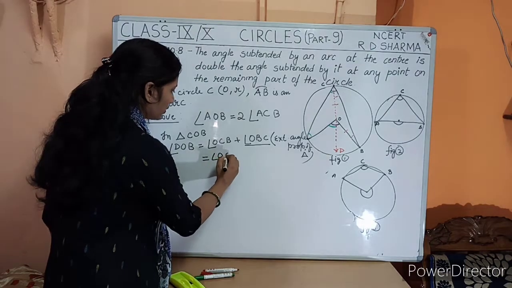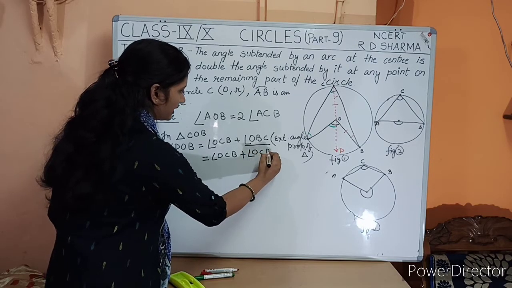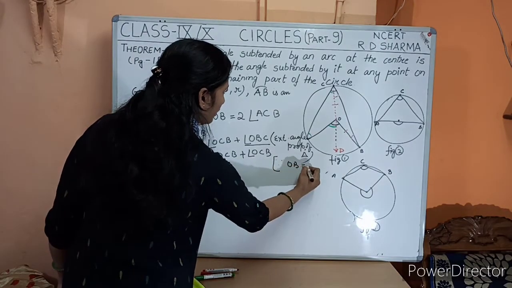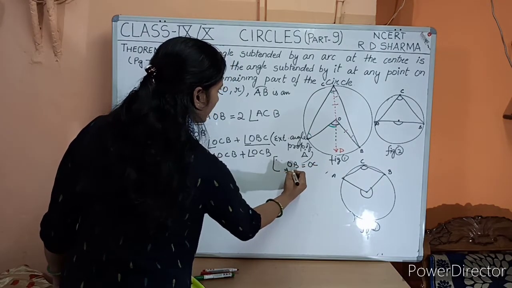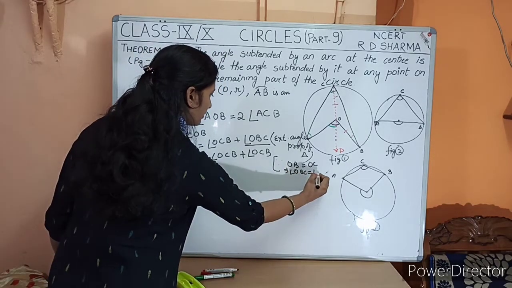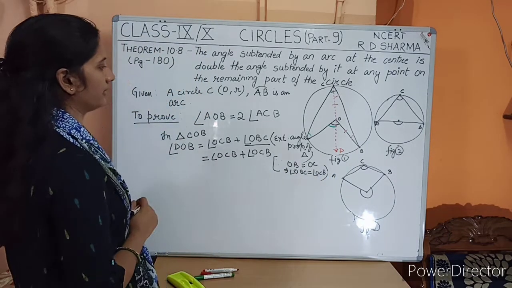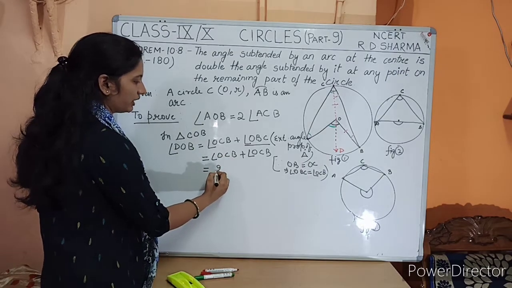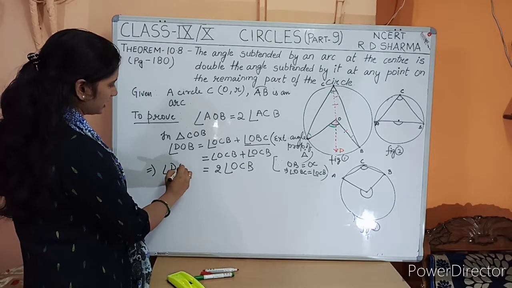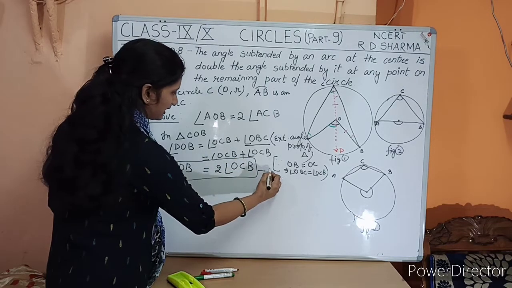So we will write here OCB plus OCB itself, since OB is equal to OC, and this implies angle OBC must be equal to angle OCB. Please note down. Now this is nothing but twice of angle OCB, right? So we will write here angle DOB is this, and this is our second equation.